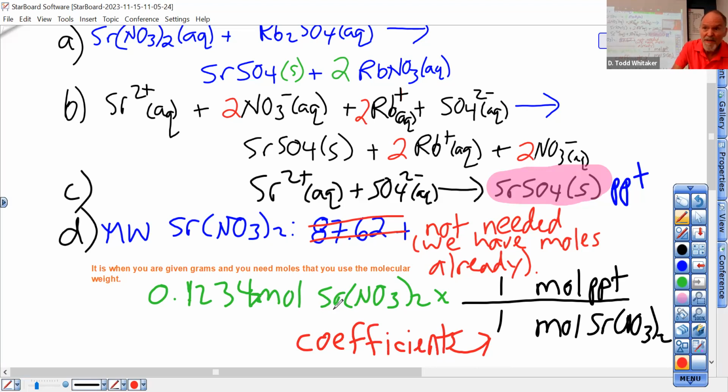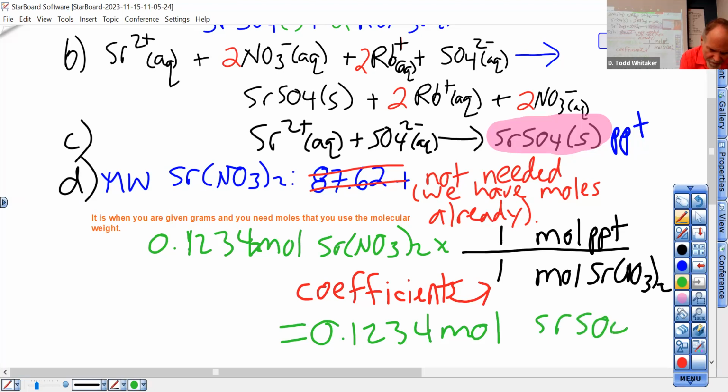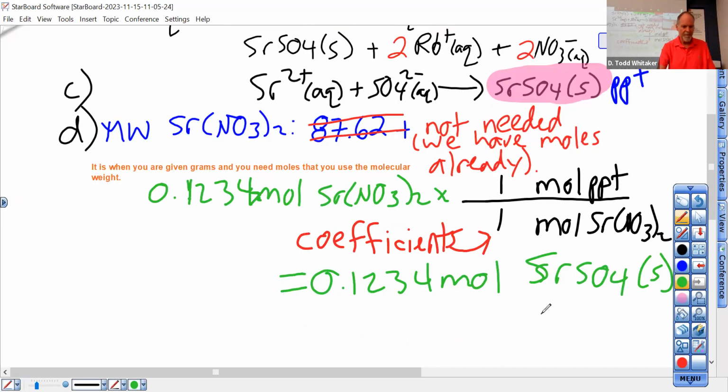That's a different substance, A and B, right? And the answer is 0.1234 moles. And the precipitate is SrSO4. Big S, little r, SO4. And that's the end of that.